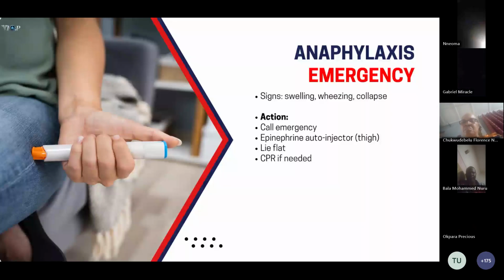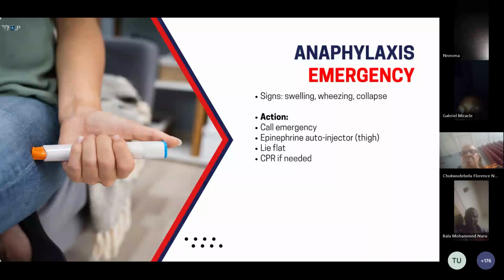When you see anaphylaxis, the first sign is the person begins to swell, like the scenario that I explained earlier. The person does not eat peanuts, and then maybe somebody snuck peanuts inside the person's food to harm the person, and then the person eats the nuts unknowingly.